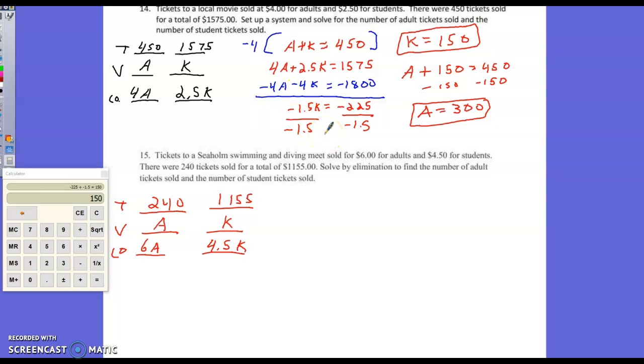I'm going to spend a little more time on the last two problems because we didn't cover those as much in class, but the setup would be A plus K equals 240, and then 6A plus 4.5K equals 1,155. Multiply by -6, get them to cancel out, etc.